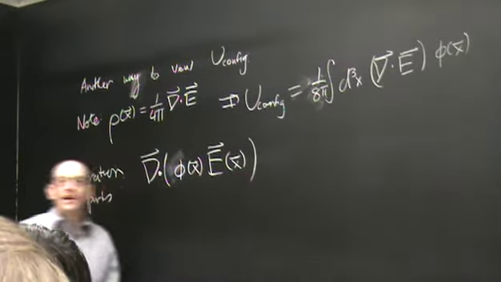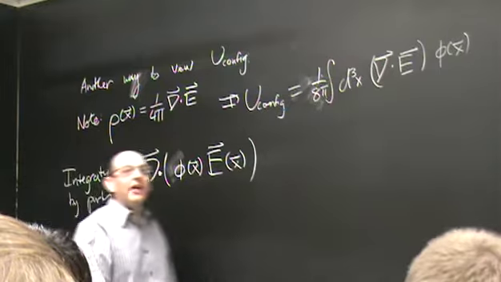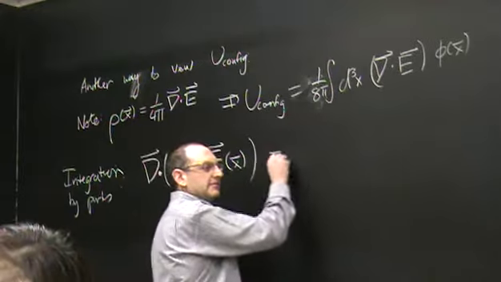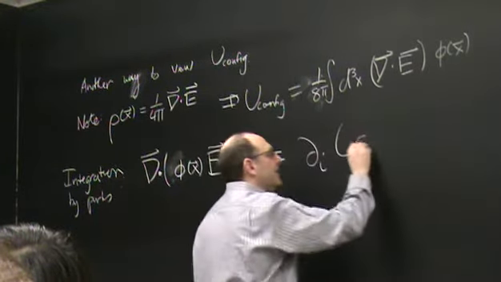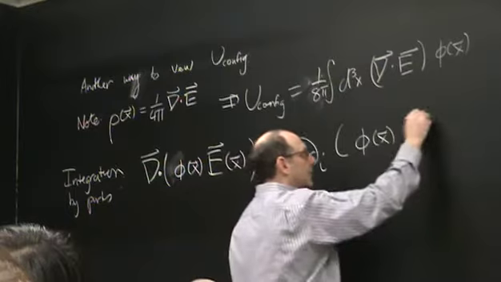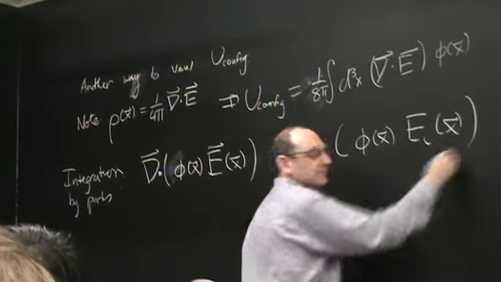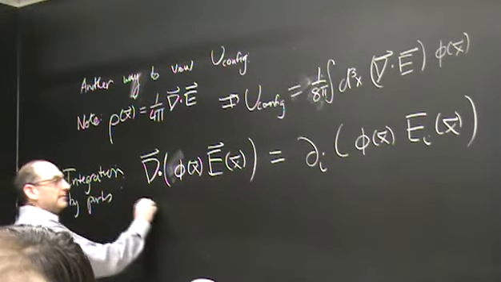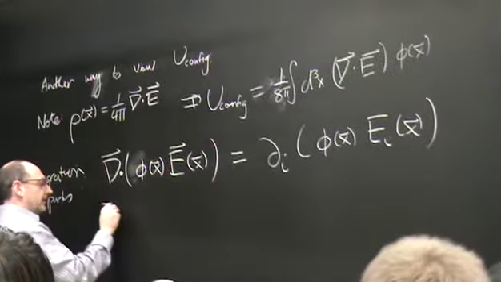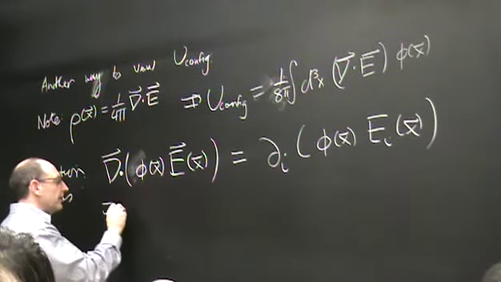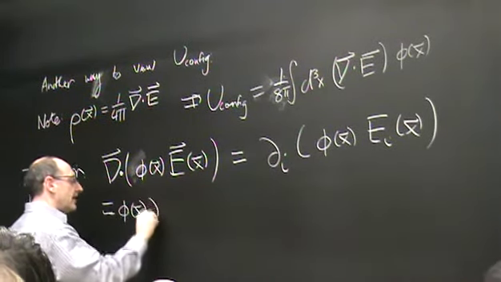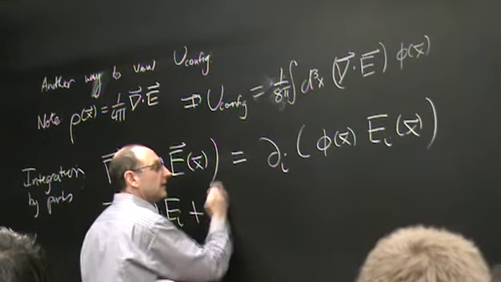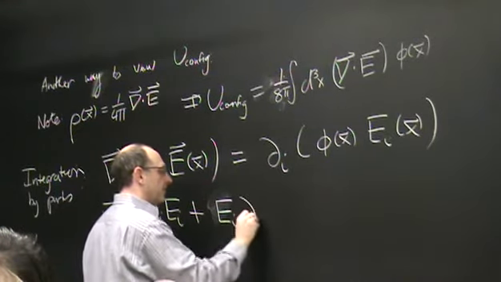How do I do this dot product? Well, I don't have the inside cover of Griffiths with me. I use my tensor notation. This is partial i of phi E sub i. And then I use the product rule. The derivative of the product, take the first times the derivative of the second, plus the second times the derivative of the first.